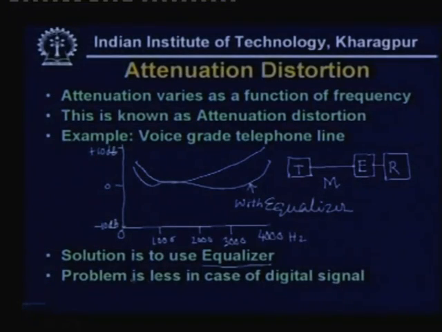So whenever it is attenuated at some frequency range, we get more distortion. In case of digital signal, the problem is less severe. So that's why this kind of equalizer is used in a voice grade telephone line to correct the bandwidth of the medium and to get a better signal at the receiving end.